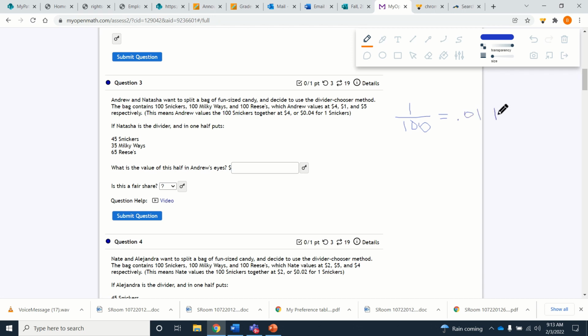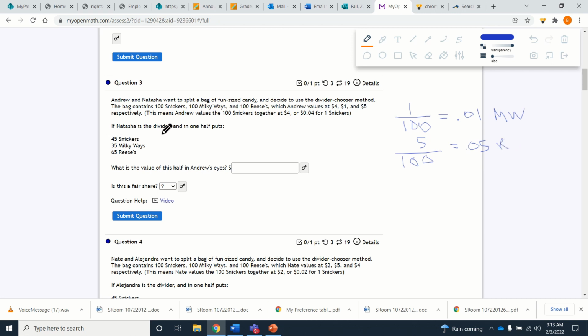And I'll just write MW so we remember this is my Milky Way calculation. And then he values the Reese's at $5 for the whole bag, which will make each Reese's 5 cents in value for him. So that's the Reese's. And of course we got the Snicker calculation right there.